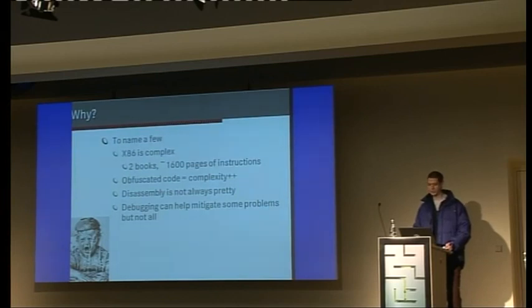Debugging can help mitigate some of the problems, but not all of them. You can use debugging to resolve things that are hard to do with pure static analysis, and you can feed the results from the debugger to the static analysis code, and you'll harvest all the benefits from debugging into the static analysis.